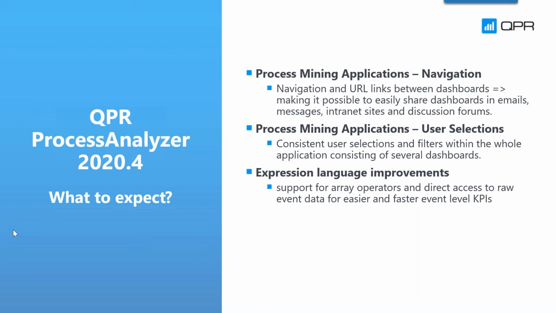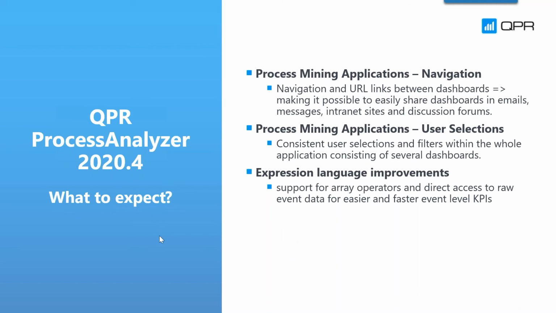And also the selections follow when you navigate between the dashboards in your process mining application. All right, we will have versatile functionality so that you can build your own process mining applications there.